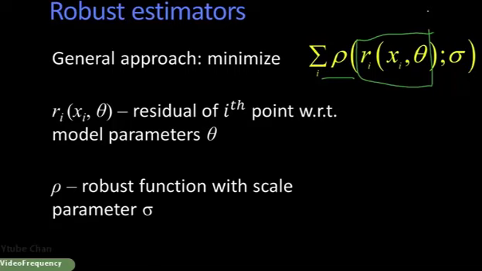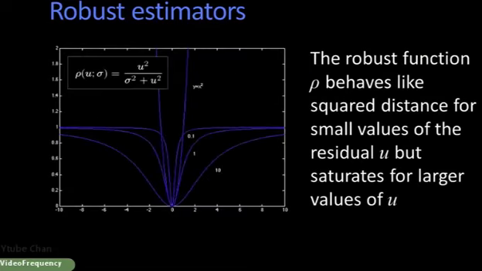That's the error we were using before, and before we were just squaring that. We're going to use some other function, and it also has a scale parameter sigma, a robust measure parameter. There are lots and lots of robust estimators. We're not going to talk a lot about them. I'm just going to show you one example because it works very simply.